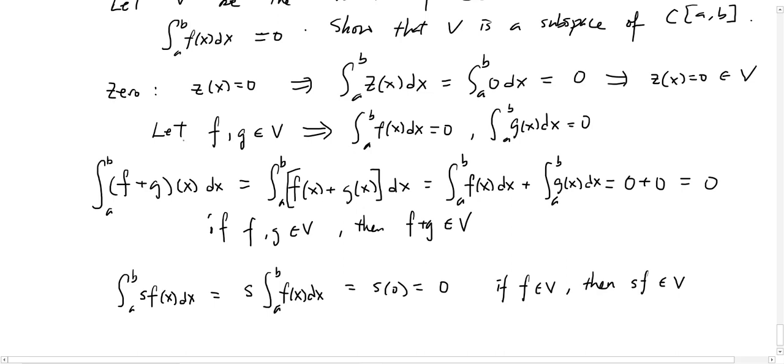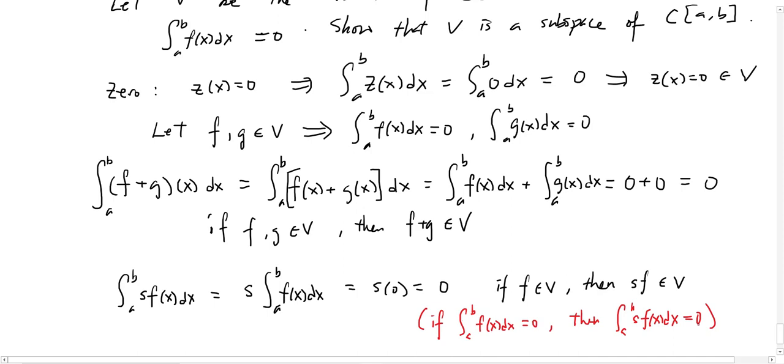Now, sometimes it's hard to understand what these two statements say. So essentially, this is what it means. Let me write it out a little differently. This one basically states the following: if the integral from a to b of f of x dx is equal to 0, then the integral from a to b of s times f of x dx must also equal 0.